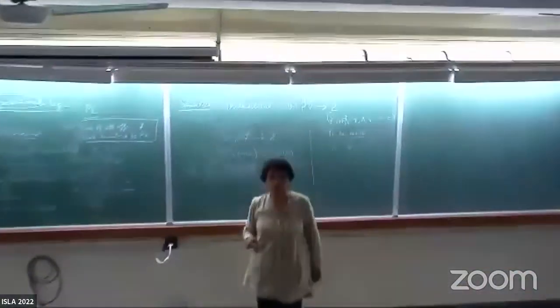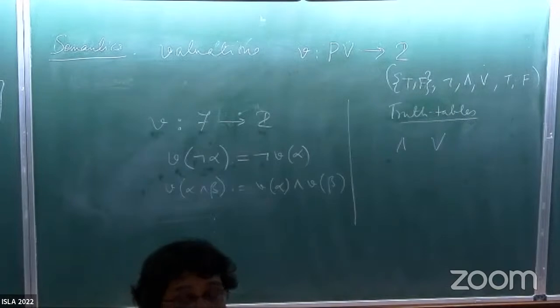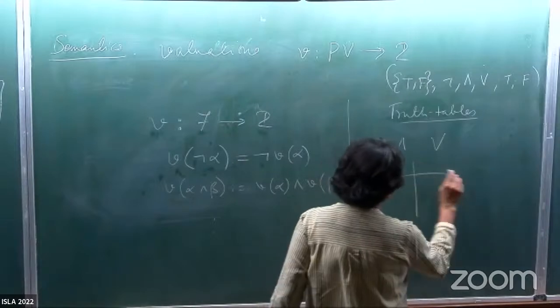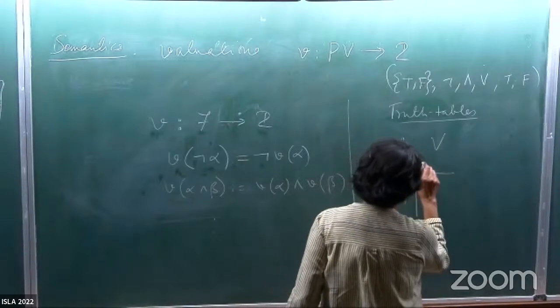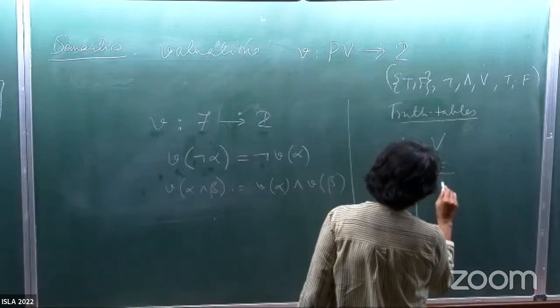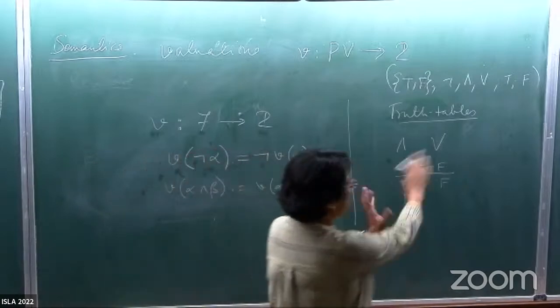Similarly, when we look at OR, which is the max operator on 0, 1, it's not exclusive OR. All right, it's inclusive OR that the truth table gives us. Finally, the implication truth table, as all of you know by now, this is the only place where you have false. So think of it as 0, 1.